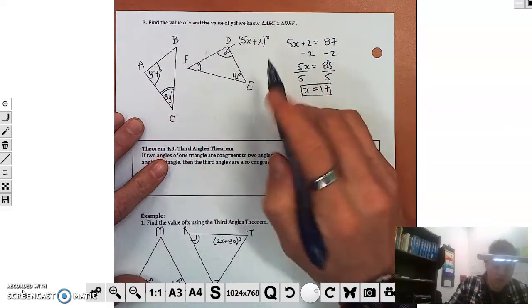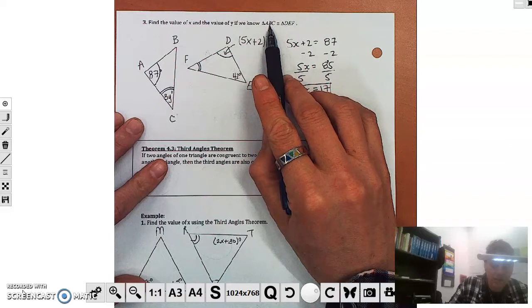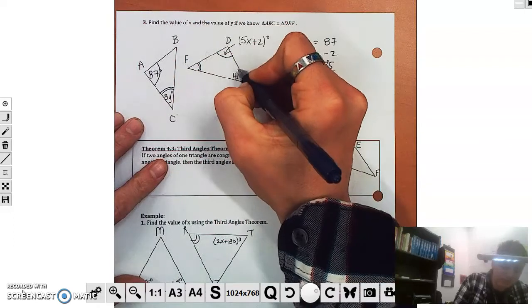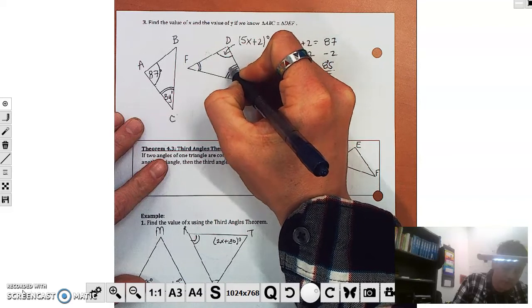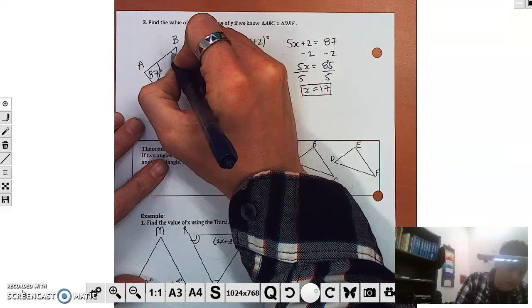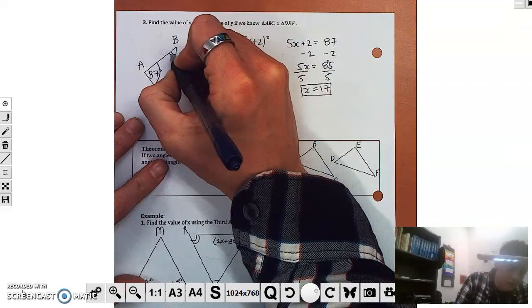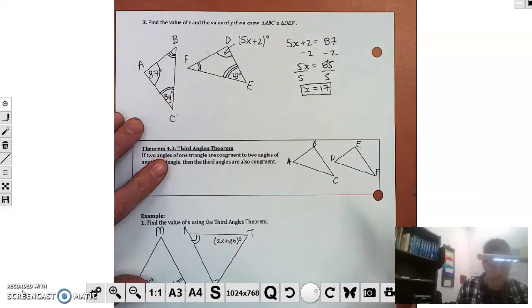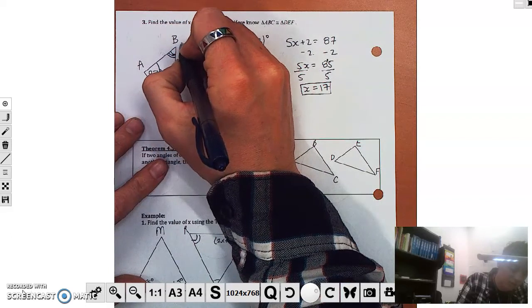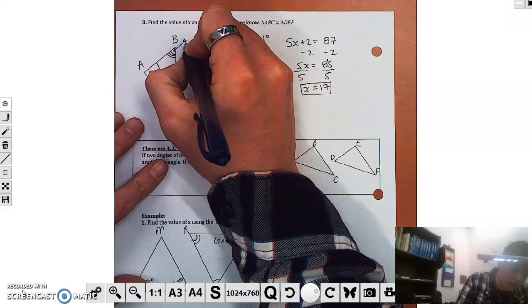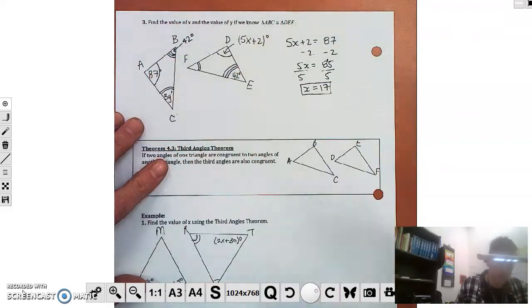Well, we also know B is congruent to E. B and E are each going to get 3x. So those guys are 42. So that is 42 degrees.